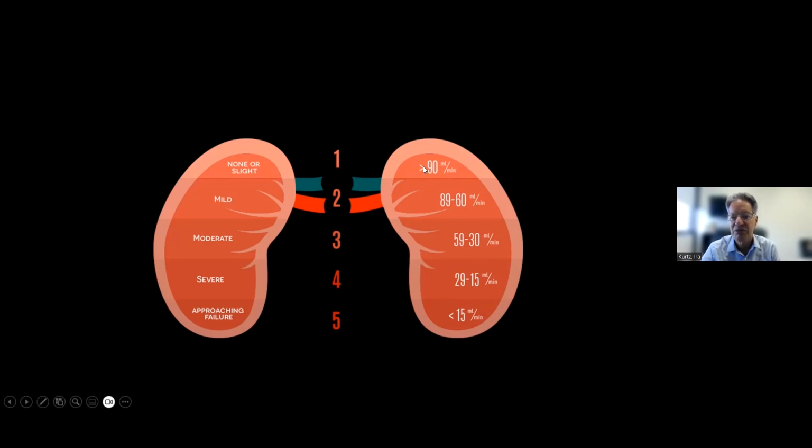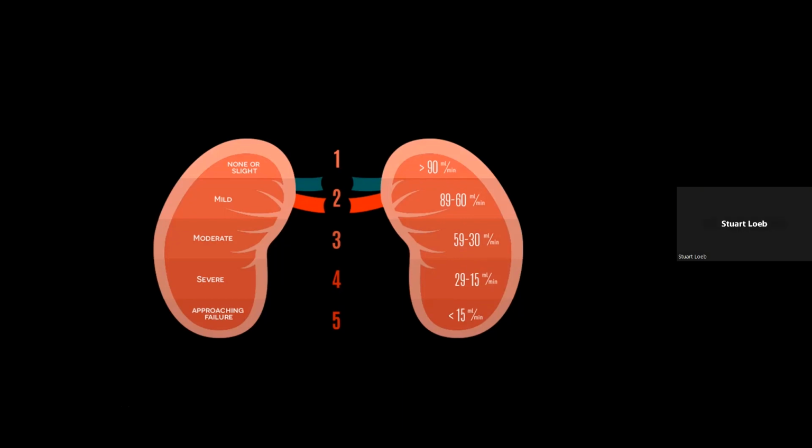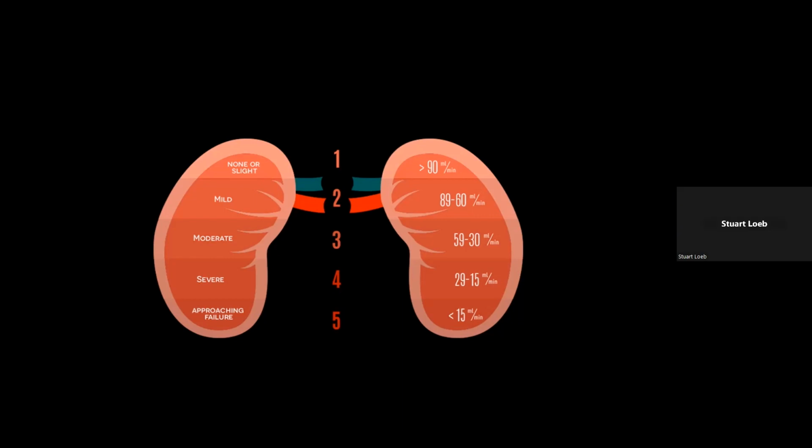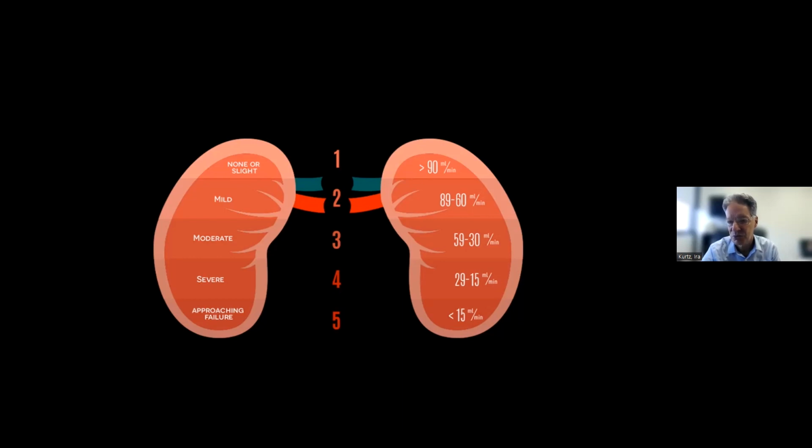We estimate the glomerular filtration rate using a blood test called the creatinine. So the creatinine is a test that's measured. And the eGFR, however, is not measured. It's an estimate. That's where the E comes from.